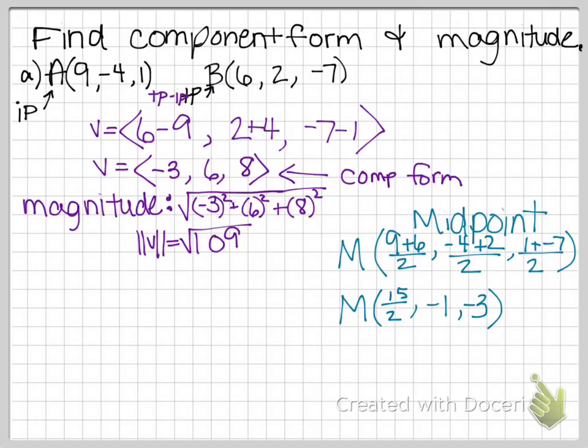Here we go. All right, so we are rocking this vector right here. And the good news is we've already found its magnitude, so we don't have to do a whole bunch of extra work. Down here in green, I will do my unit vector.